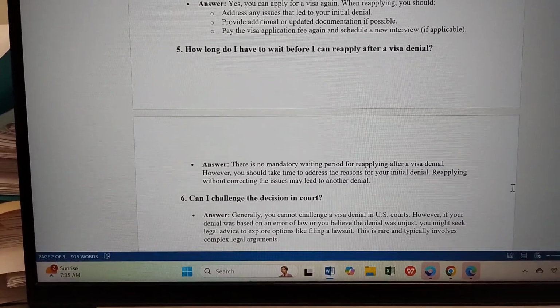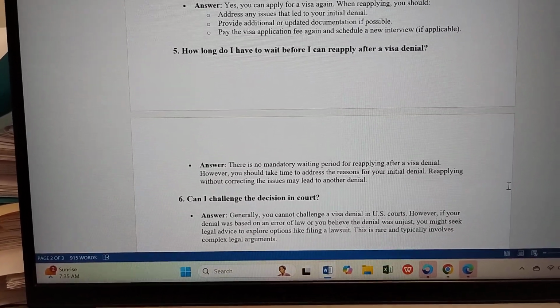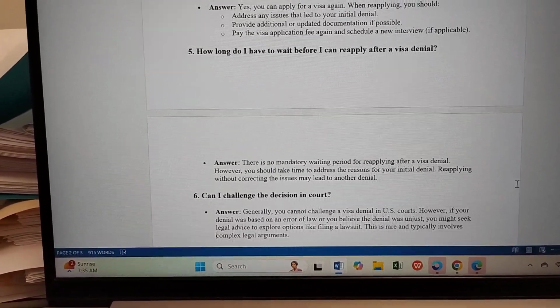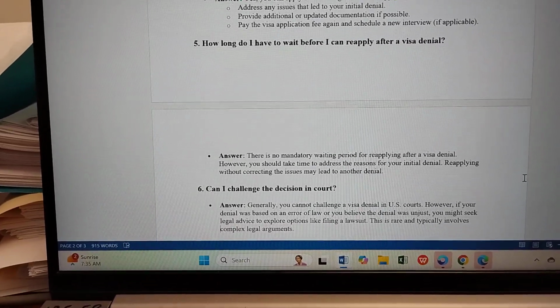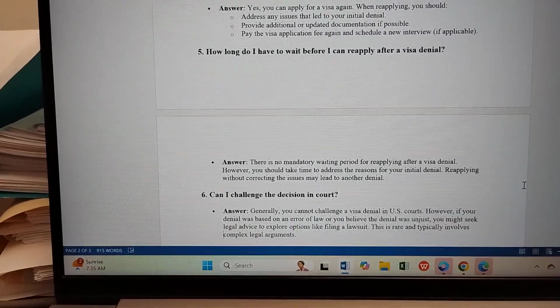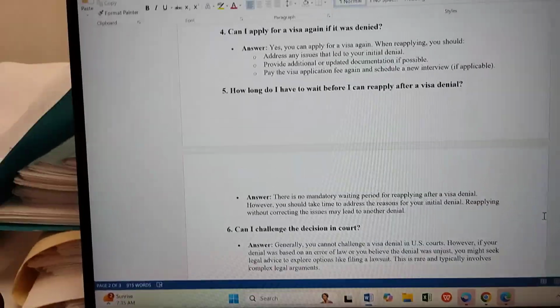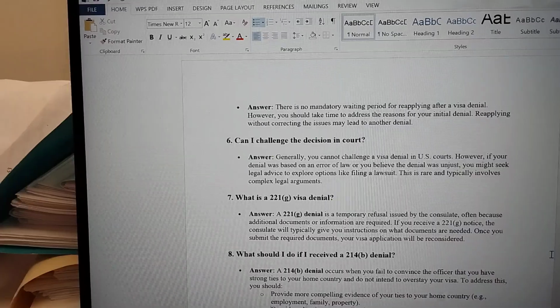How long do I have to wait before I can reapply after a visa denial? If your visa was denied, you must know that there is no mandatory waiting period for reapplying after a visa denial. However, you should take time to address the reasons for your initial denial. Reapplying without correcting the issues may lead to another denial. So there is no specific timeline on how long you have to wait.